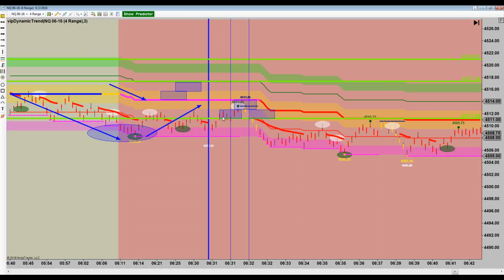So is there a trade out of any of these Band-Aids? Yes or no? Is there any trade here that we're looking for that you could have taken on this particular day from the Band-Aids? Keep in mind what types of trades we were looking for. We know what the trend is. We know what types of trades we're looking for. And at 6:31 and 6:32, we get Band-Aids right here.